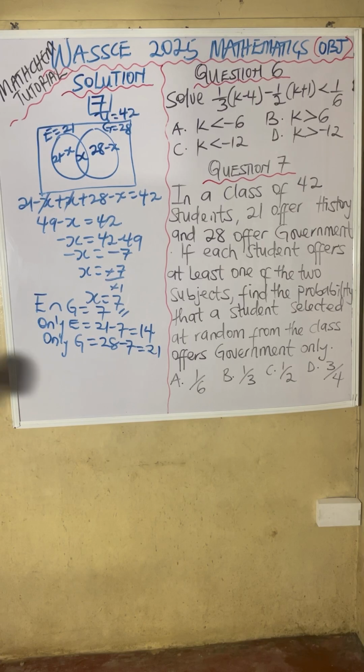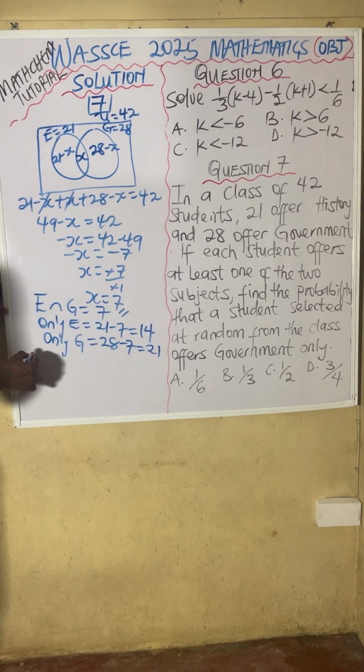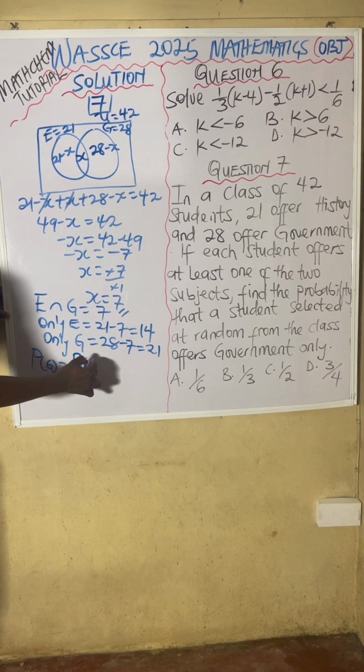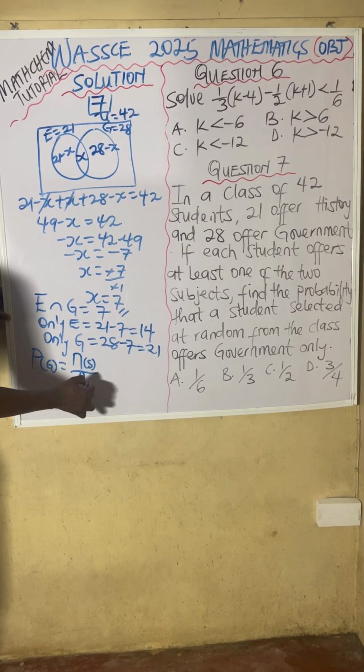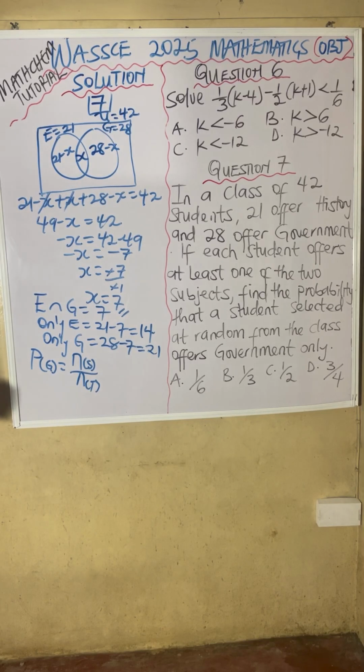But the question says to find the probability that a student selected at random from the class offers government only. So probability of government only now. For those government only, that will be the NS over the NT, the total. And what does this mean? Total number of favorable outcomes over total number of possible outcomes.